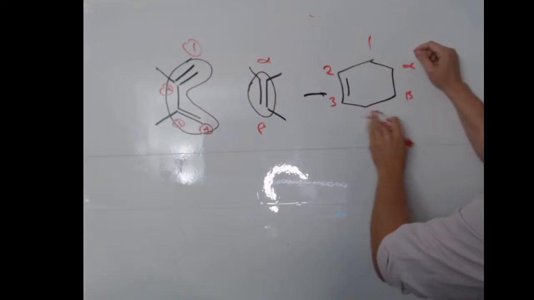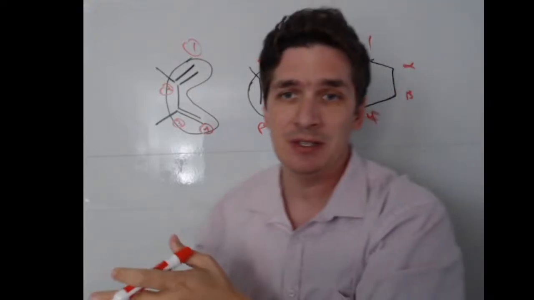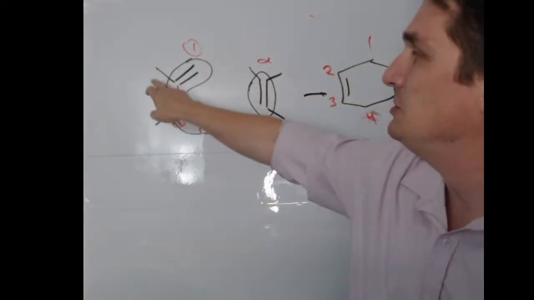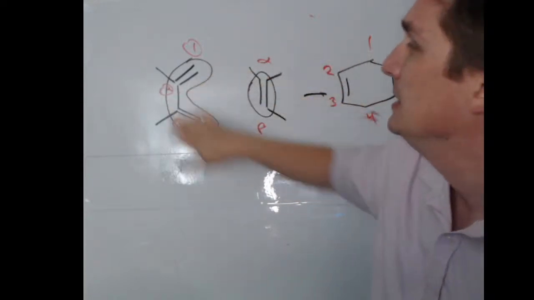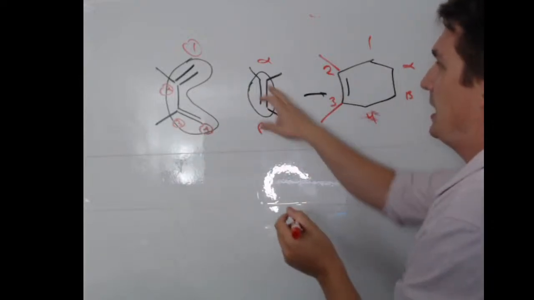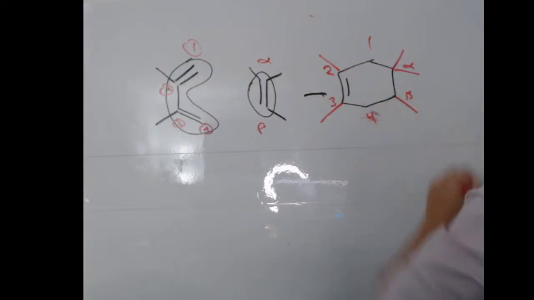Now, you can always flip these, and you'll see this in the notes. These can quickly become complicated problems. But what you do now is you just write out what's bonded to these. So 1 doesn't have anything bonded to it. 2 has a methyl group. 3 has a methyl group. Alpha has two methyl groups, and beta has one methyl group.